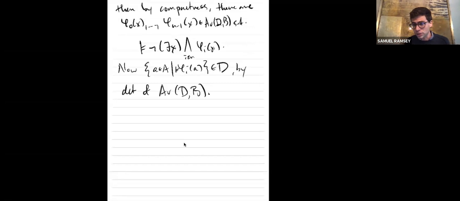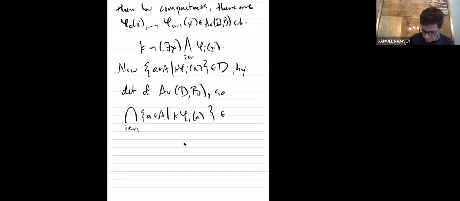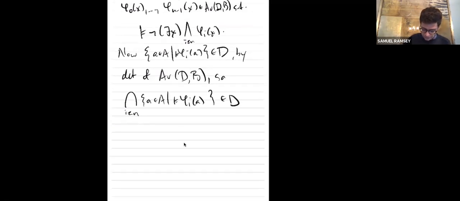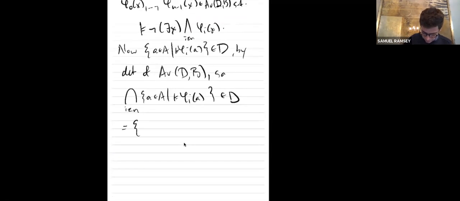But ultrafilters have the property that they're closed under finite intersection. So the intersection over i less than n of the a in A such that a satisfies phi_i is in D. But this is the same thing as the set of a in A that satisfy the conjunction. Which is empty by our assumption that it's inconsistent.